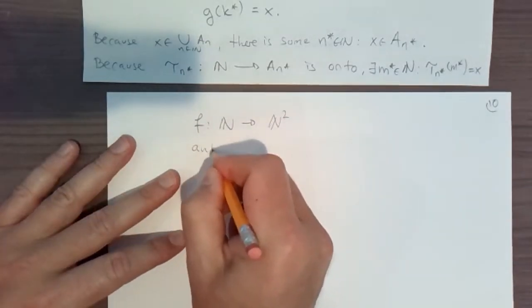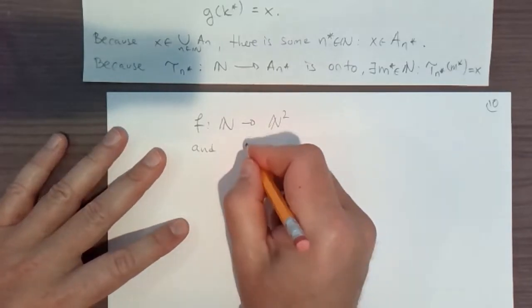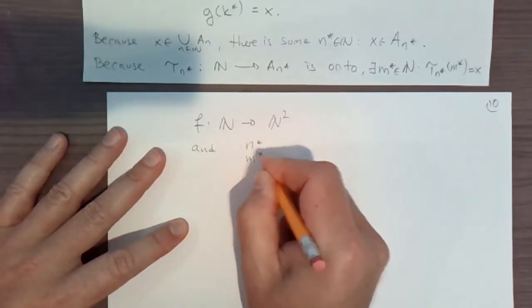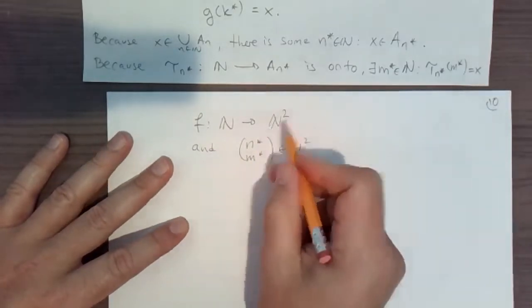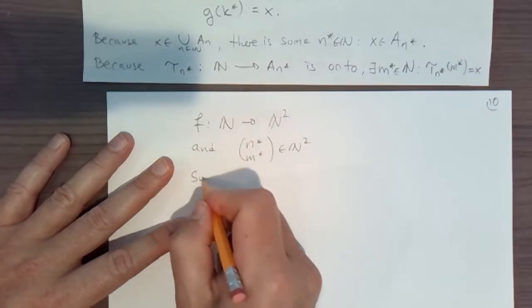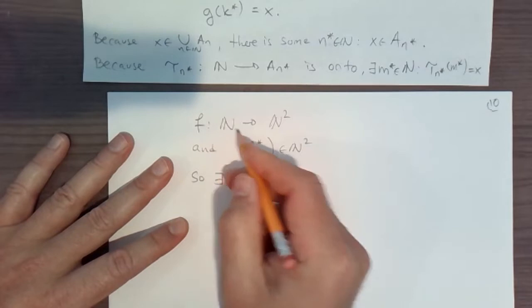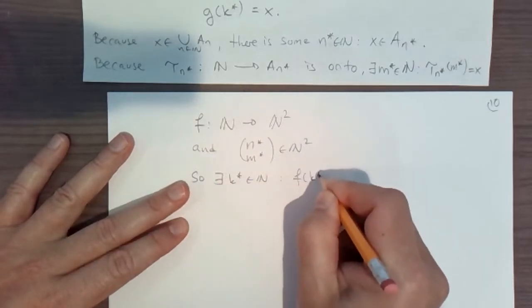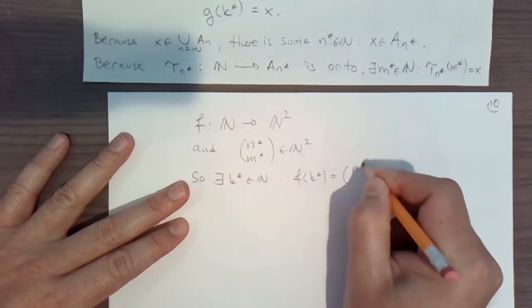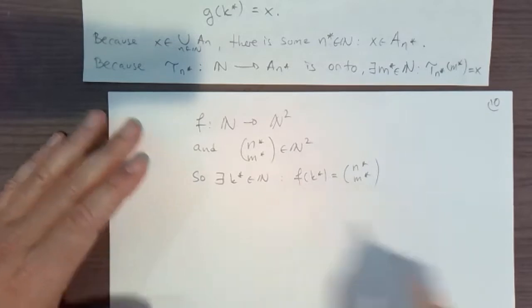If I look at n star, m star, this is a point in the codomain. So there exists a k star in the natural numbers such that when I plug it into f, I miraculously get these. This is because f was onto.